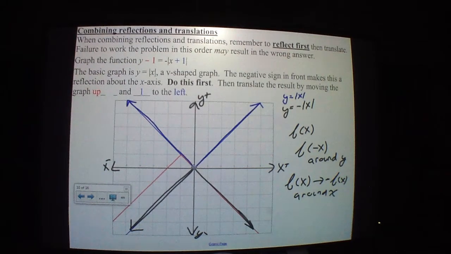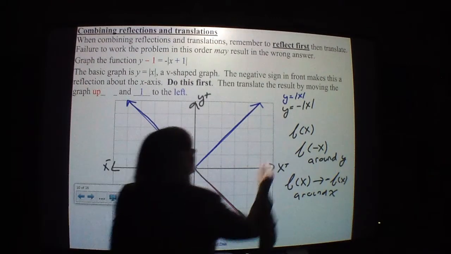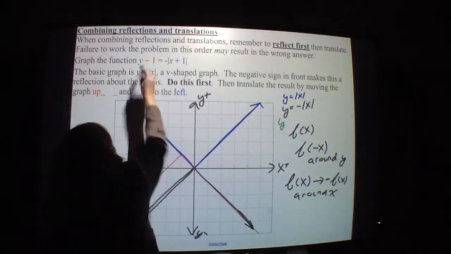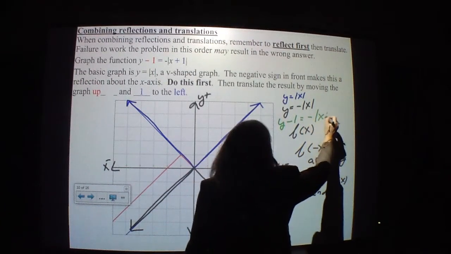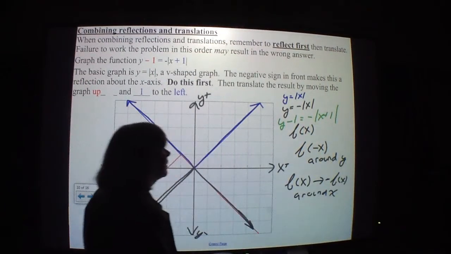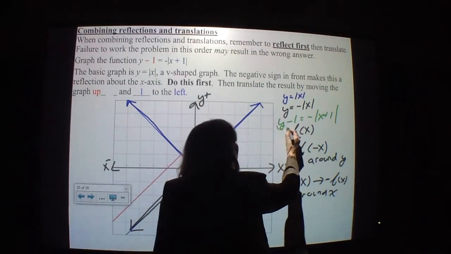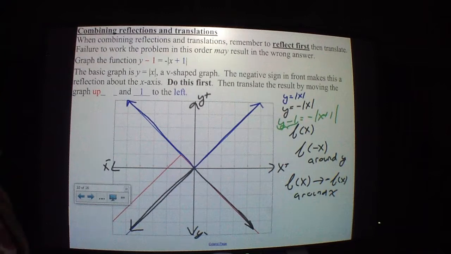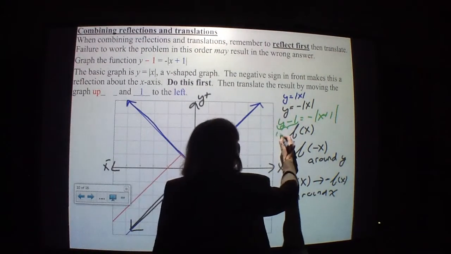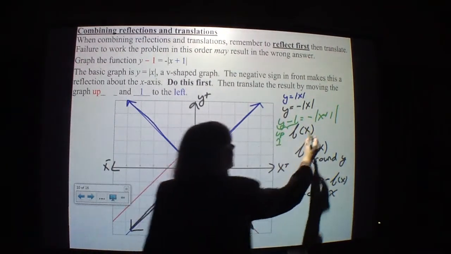And the very last step, I'm going to move it. So the y minus 1 is equal to negative the absolute value of x plus 1. Remember that minus 1 would be up 1.